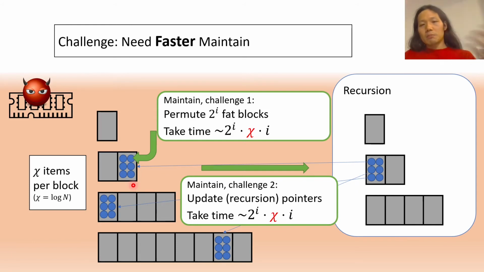Now the positions are changed. To update these pointers, we found that these pointers are stored in fat blocks as well, so the cost of updating the pointers is now chi times greater.